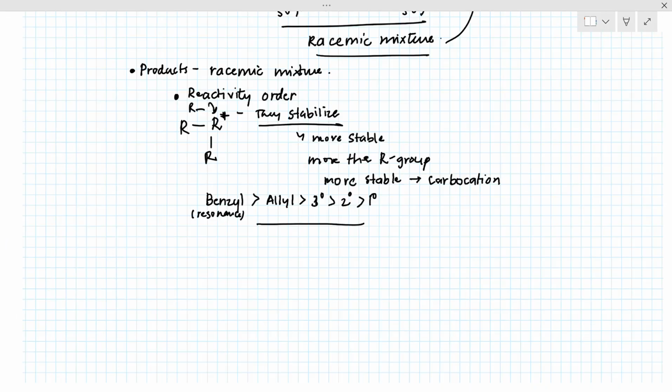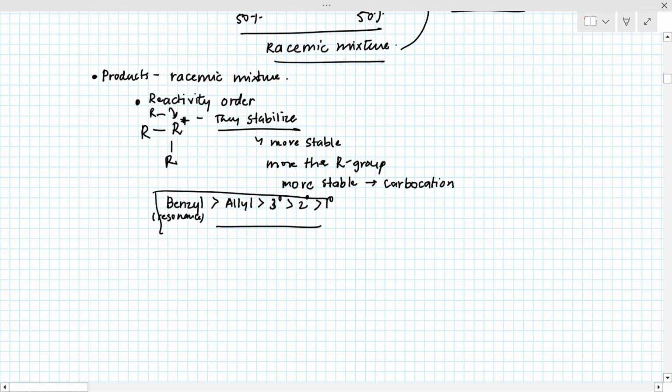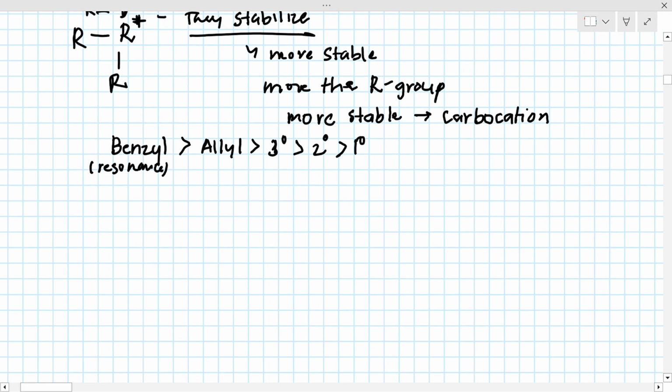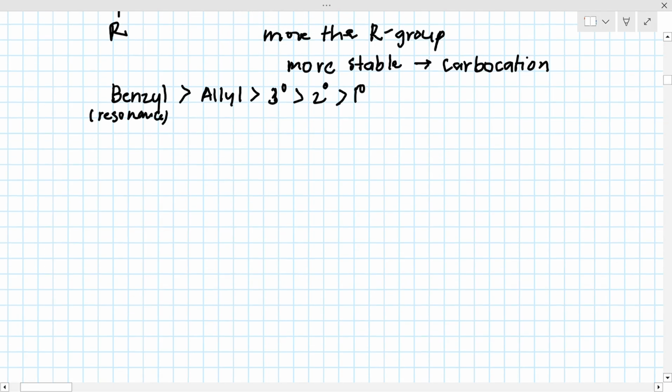This is the order of reactivity. Okay, this is very important from the perspective of boards, because you are usually given MCQs asking which one of these is more reactive for the SN1 mechanism.